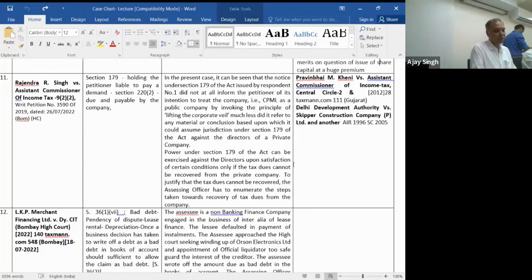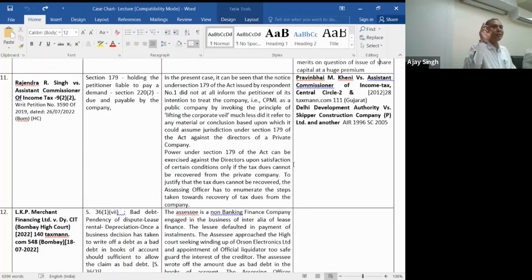If that exercise has not been done, then the provision of section 179 has not been followed, and therefore in this context the court said that the 179 order is not valid. Here also, one of the issues raised by the department is that it was a public limited company, and they tried to lift the corporate veil of the company.